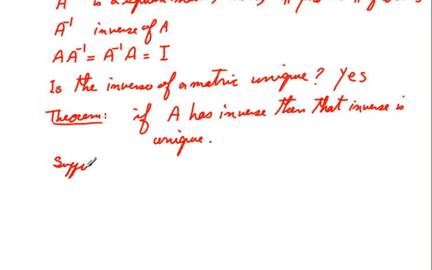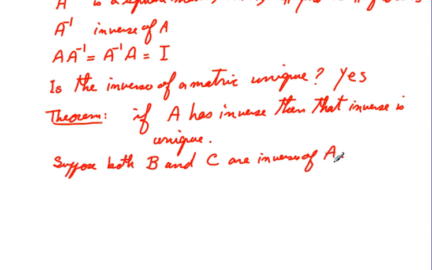Suppose both B and C are inverses of A. Suppose one student worked out, found one matrix B, another student worked out, found another matrix C. What we want to say is that assuming that the students did their jobs right, B and C have to be the same.